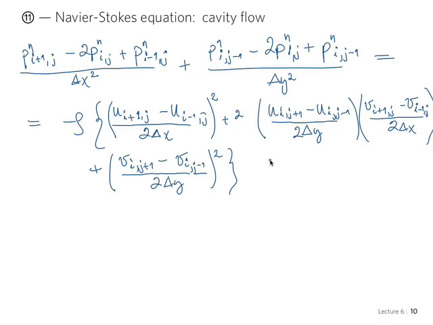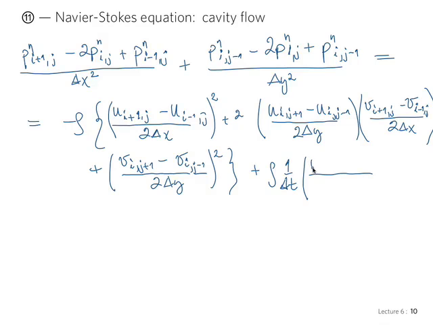Here's where I have a sign that I have a problem with. Let me just write it like I have it, and I will have to confirm why I have this sign like this, because I don't understand. We have 1 over delta t, and we have, it was du dx plus dv dy, correct?